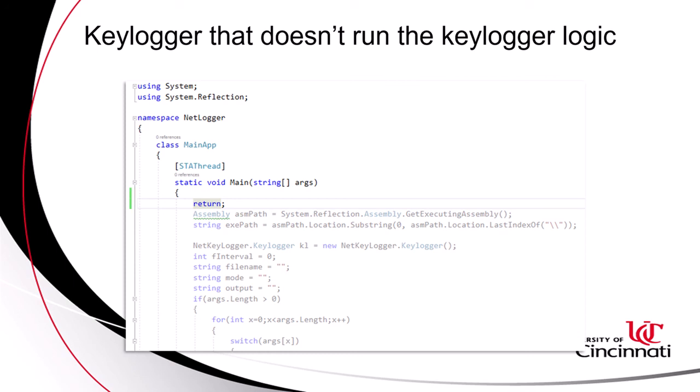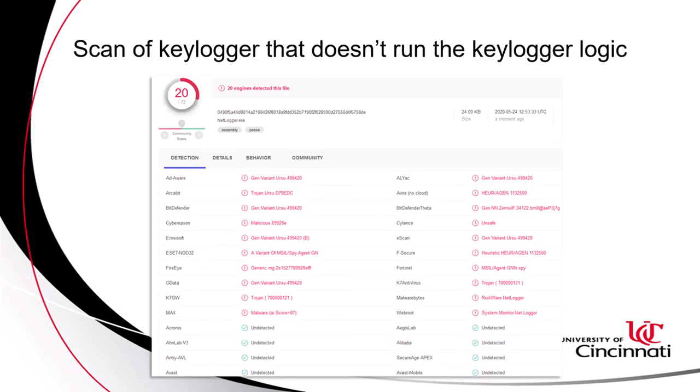All right, I built a Visual Studio project out of that, submitted that to my virus scanner, and look, I got 20 hits. So it's got the keylogger logic in it, but it is not running the keylogger logic.